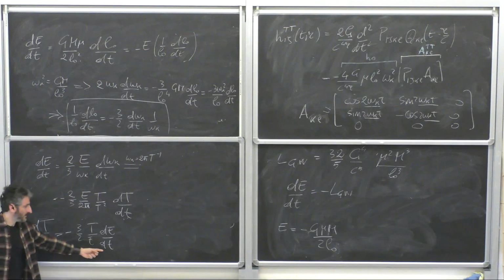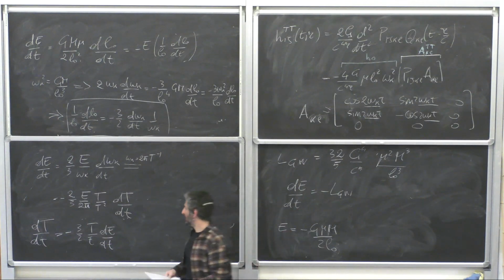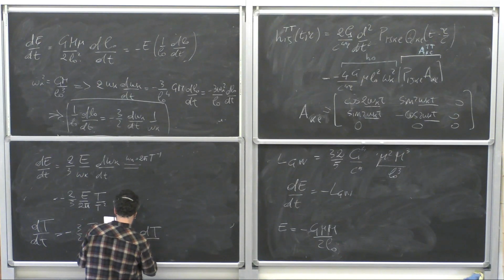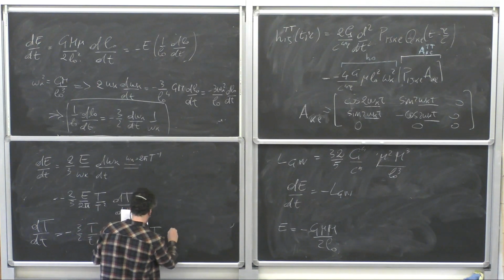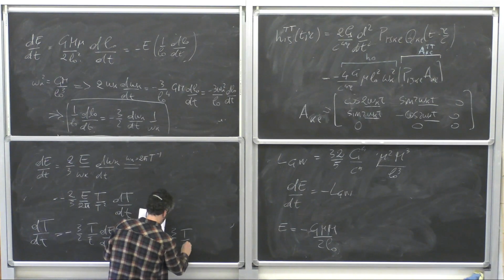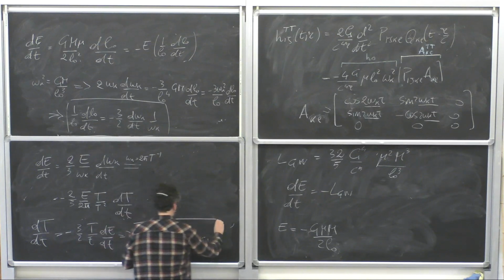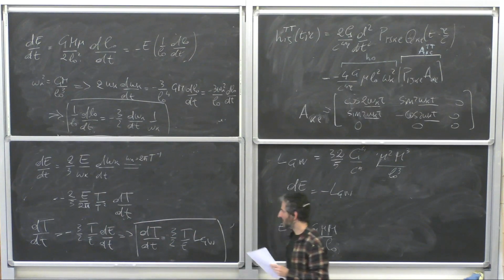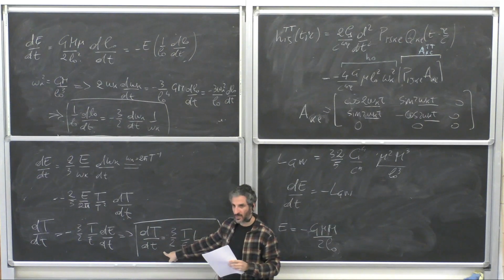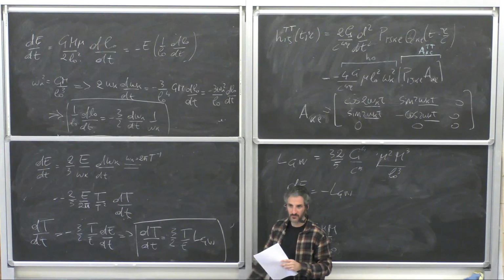Instead of dE/dt, I put the source of my energy loss, and I get this. So the change in the orbital period with respect to time, given by the gravitational wave emission, is given by this formula here.